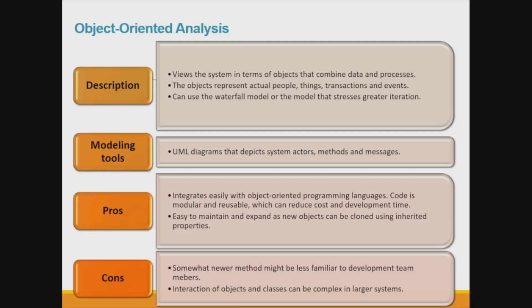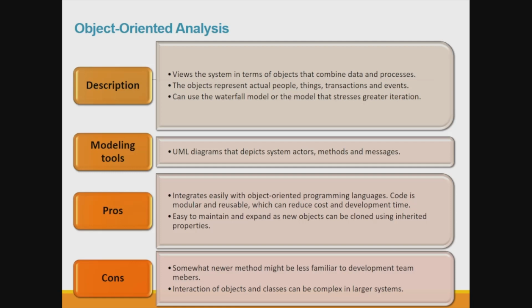Okay, the pros: it integrates easily with object-oriented programming languages, because we view the system in terms of objects and combine the data and processes. So the code is modular and reusable, just like when we use OOP.